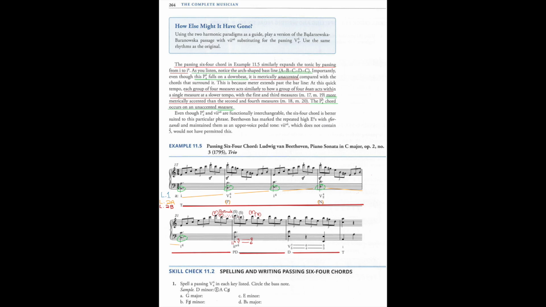I played it slow so you could hear it. It actually goes much faster. Let's see if I can do it. When you hear it at the appropriate tempo, it makes a lot more sense.